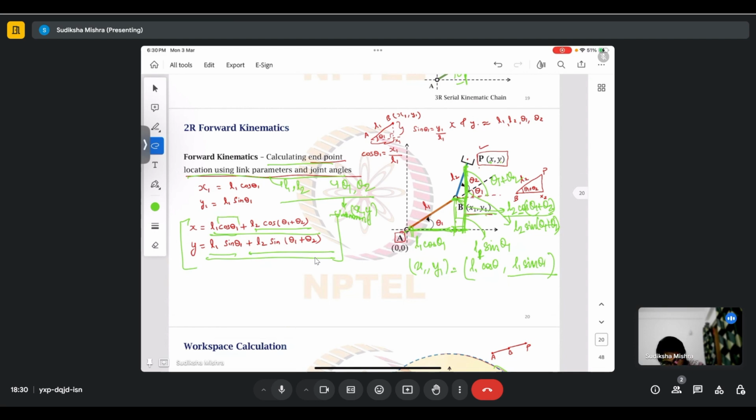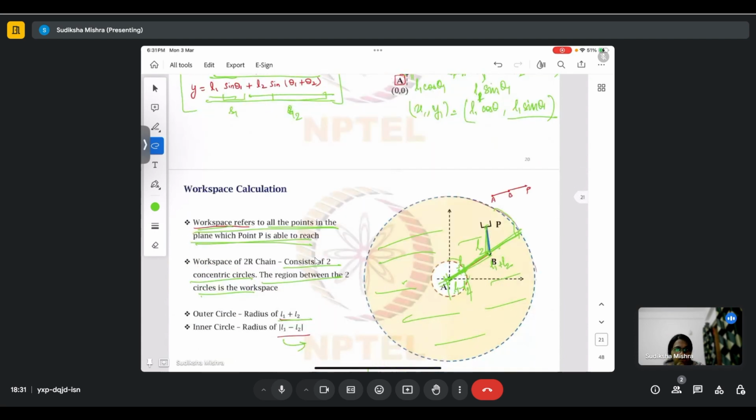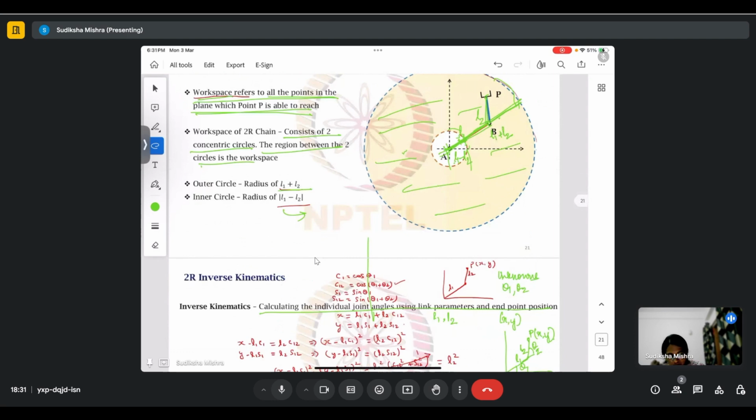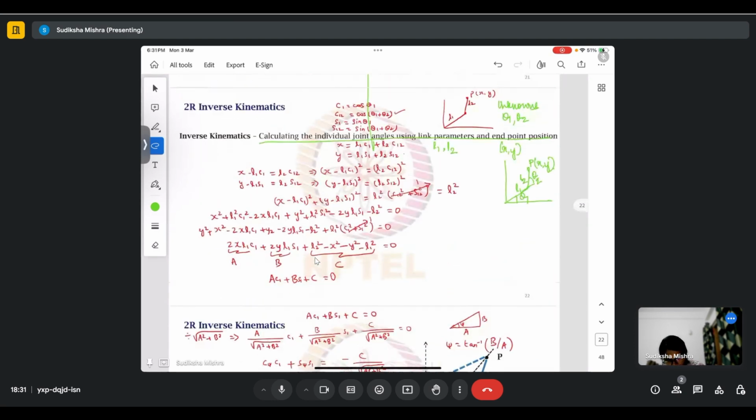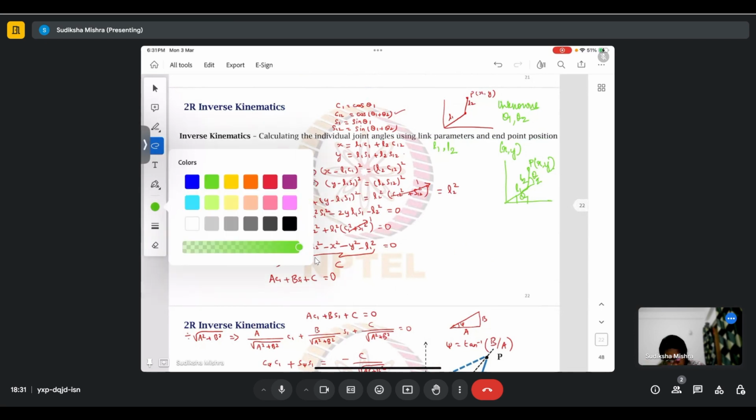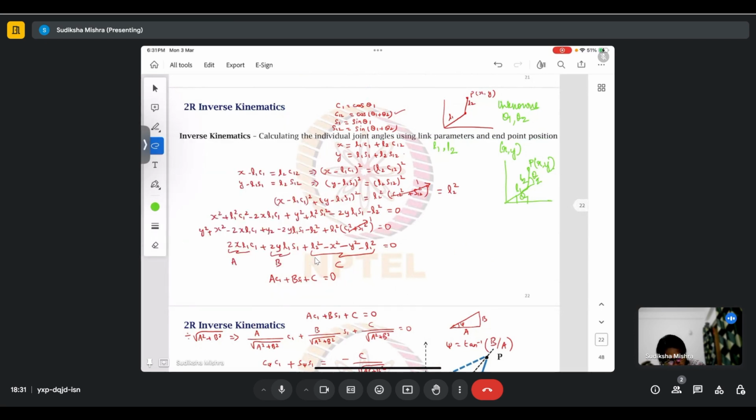Let's assume cos theta 1 to be C1 and cos (theta 1 plus theta 2) as C12. Sin theta 1 as S1 and sin (theta 1 plus theta 2) as S12. We will use these terminologies while solving for the inverse system. So C1 is cos theta 1, C12 is cos (theta 1 plus theta 2), S1 is sin theta 1, S12 is sin (theta 1 plus theta 2).